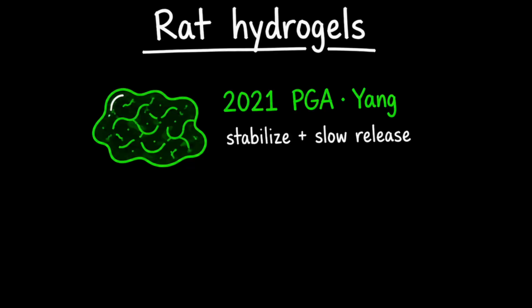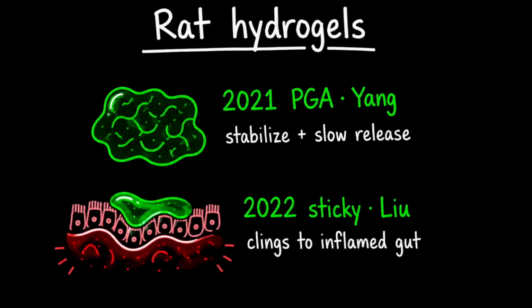And in 2021, an ulcerative colitis model used this self-cross-linked polyglutamic acid gel. It used this stable gel to stabilize KPV and slow its release for better rectal delivery. And a 2022 double network hydrogel was designed to stick to inflamed colon mucosa.